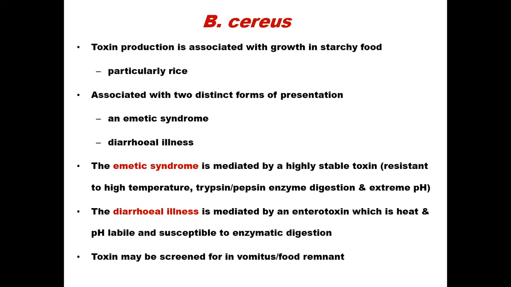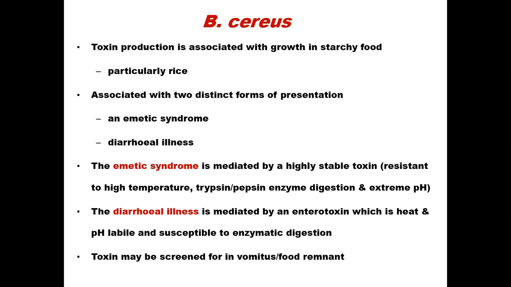You can have the one that is characterized by predominantly vomiting, that's the emetic syndrome, and you have the other which is characterized majorly by diarrheal illness. So the emetic syndrome is due to a highly stable toxin, stable in the sense that it is resistant to high temperature, it is resistant to enzyme digestion, and extreme pH.